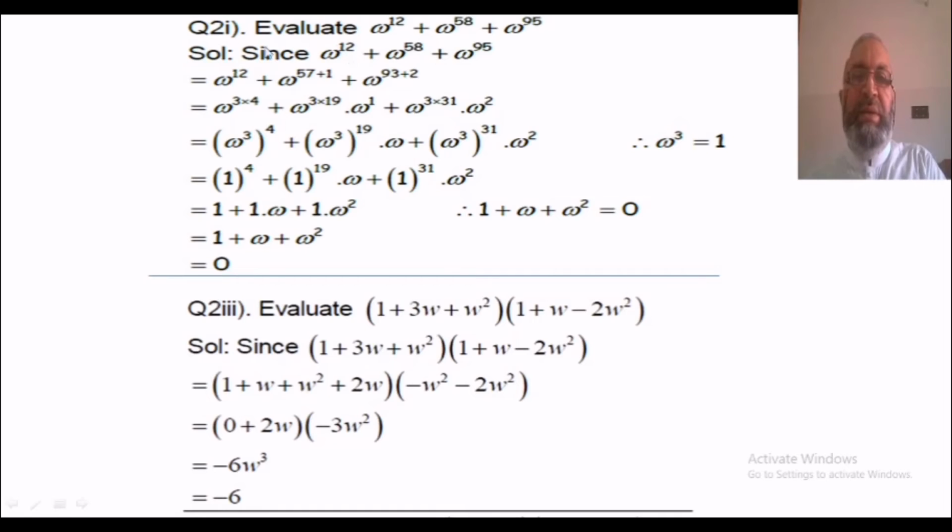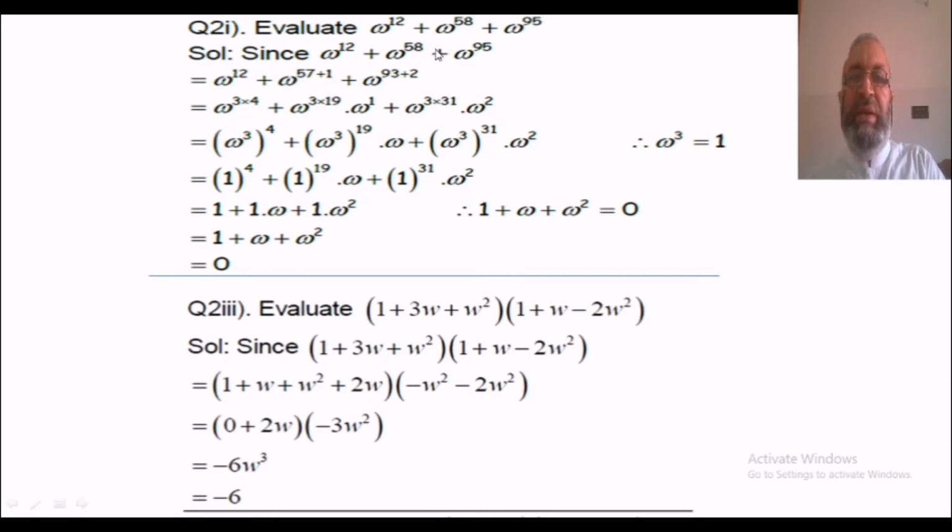So we can write the left hand side, the expression omega 12 plus omega 58 plus omega 95, as omega 12 plus omega 58, that is omega 57 plus 1, because omega cubed to the power 19, 19 multiplied by 3 becomes 57. We are going to change this into omega cubed form.